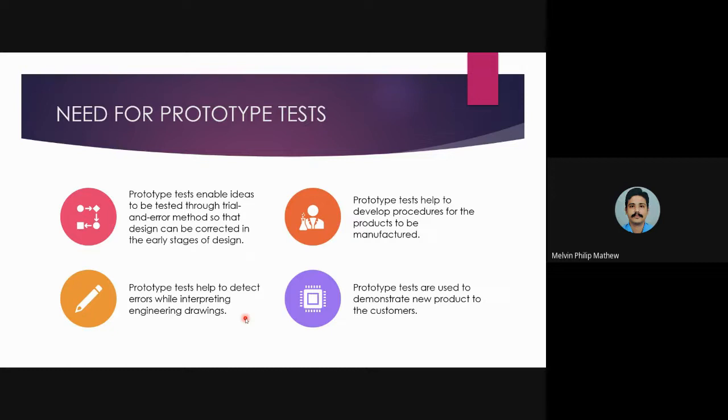It may be materials, dimensions, the coating provided, or two or more components, maybe alloys, etc. These are all found out by various prototype testing.